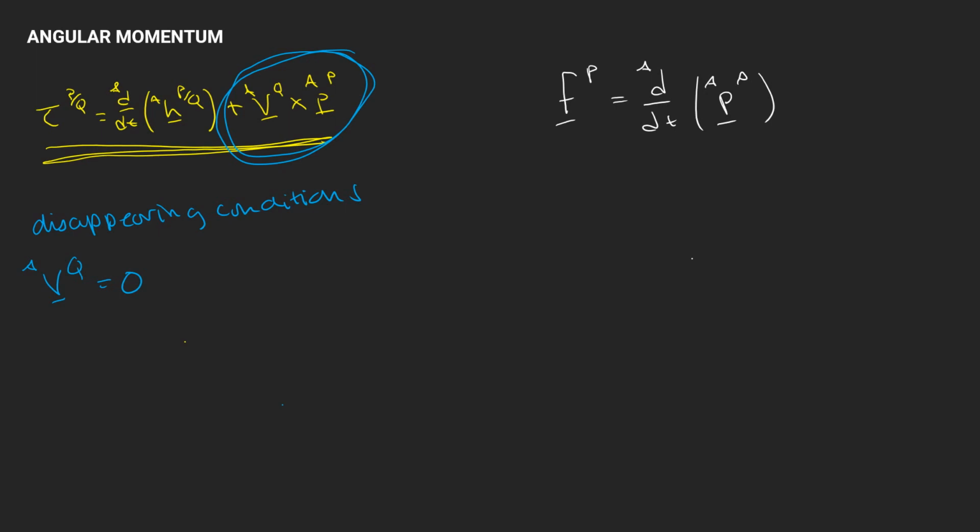When you have the two vectors parallel to one another, their product will also be 0.